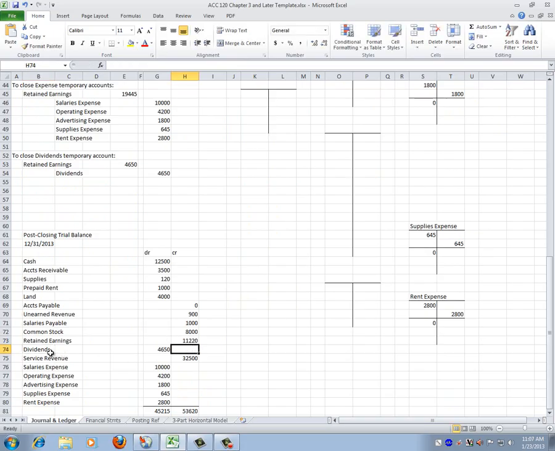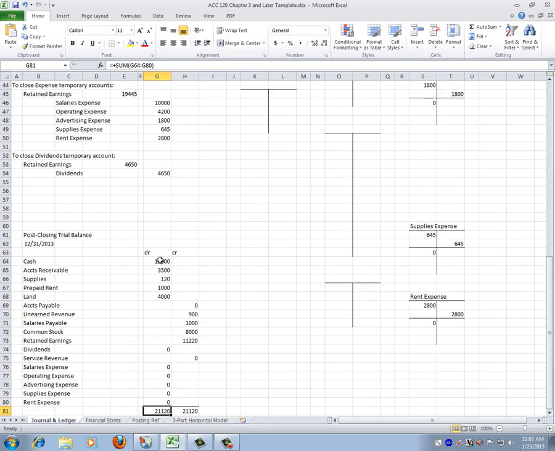And what you'll find is that all these temporary accounts have now gotten zeroed out. You really wouldn't have to even take time and space listing those. They've all gotten closed. So I could delete those rows and we'd see this post-closing trial balance would be pretty short.